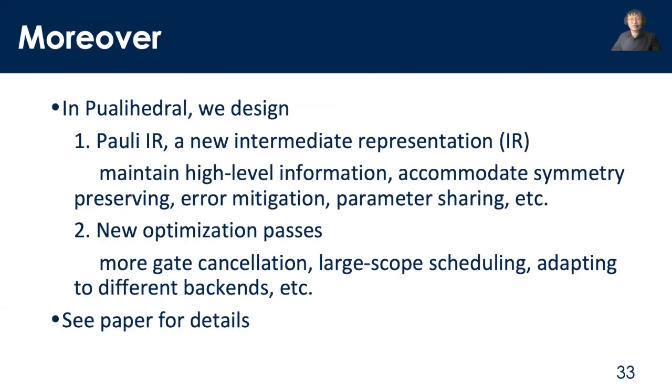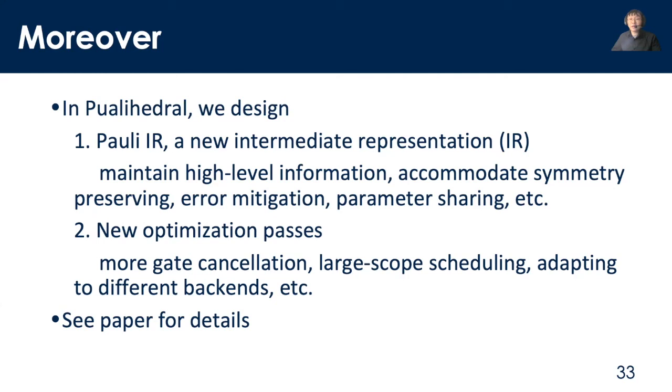What we can do with the Pauli strings is much more than just the mapping onto superconducting architectures. In Paulihedral, we first have a new programming language, a new intermediate representation, IR, based on the Pauli string operators. We call it PauliIR.